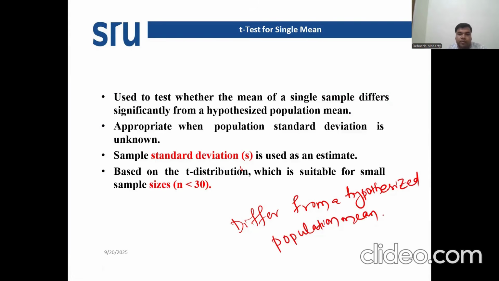In the second step, it is always appropriate when the population standard deviation is unknown.